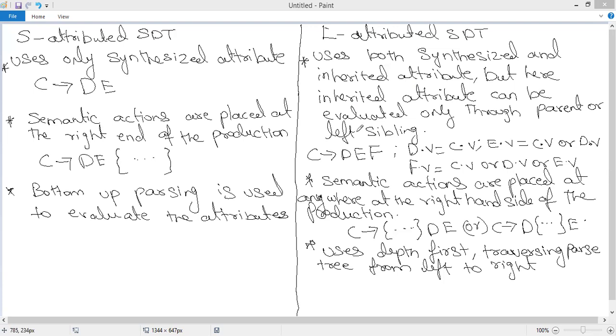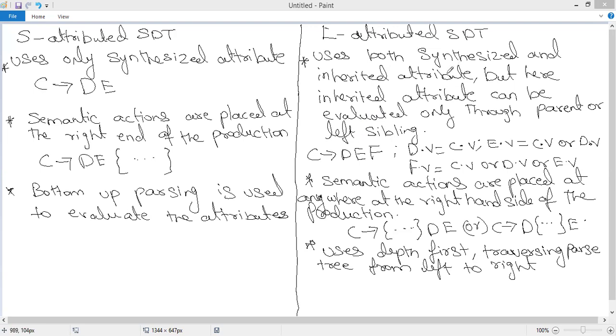Generally, an inherited attribute can be evaluated by either the parent or the siblings, left sibling or right sibling. But in L attributed SDT, the inherited attribute will be evaluated only through the parent or left sibling, along with the synthesized attribute.